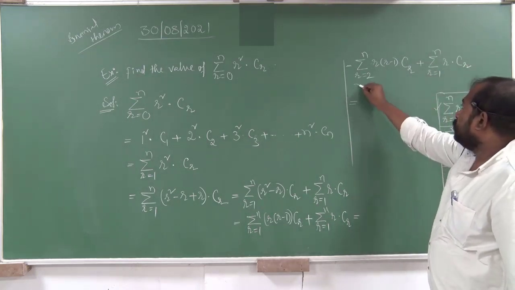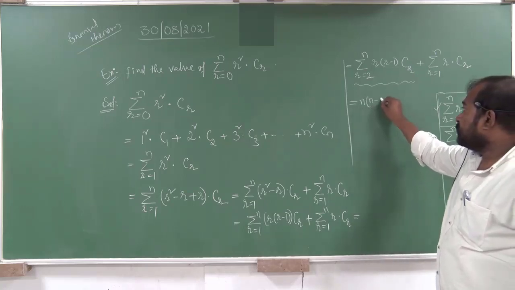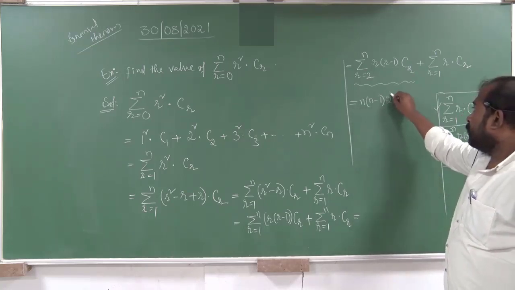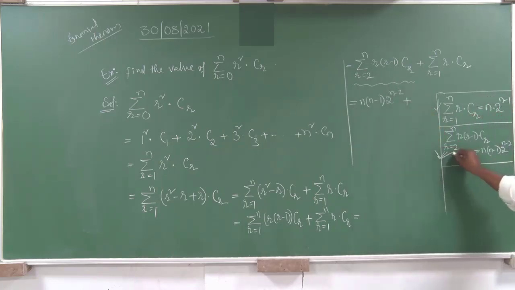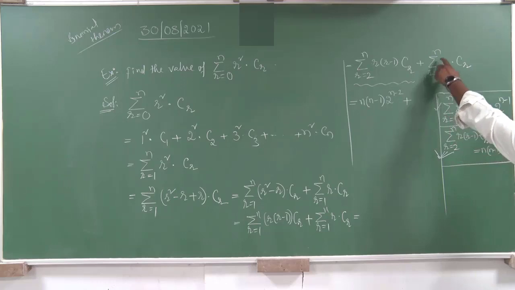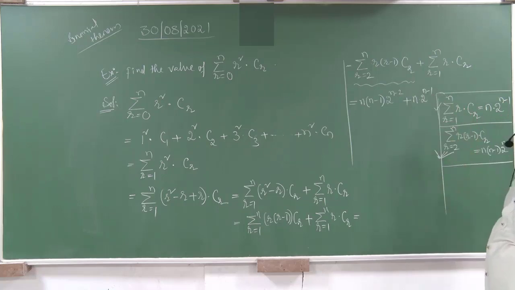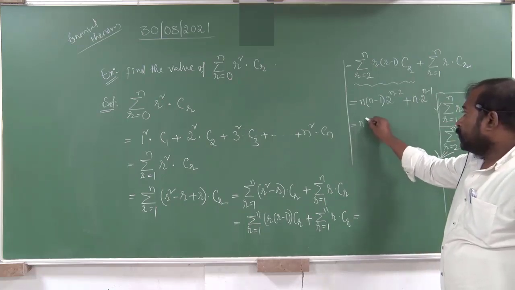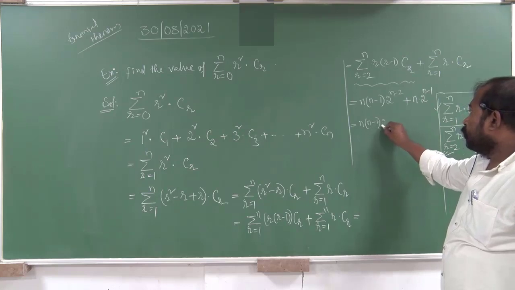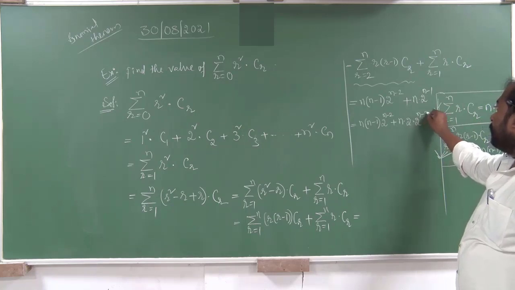Now listen, just now we got this value. This value is nothing but n into n minus 1 into 2 power n minus 2. This is the property for r into r minus 1 into Cr, with r running to n. And next, sigma r is equal to 1 to n of r into Cr is given by n into 2 power n minus 1. Now, n into n minus 1 into 2 power n minus 2 plus n into 2 power n minus 1. Can I write like this?